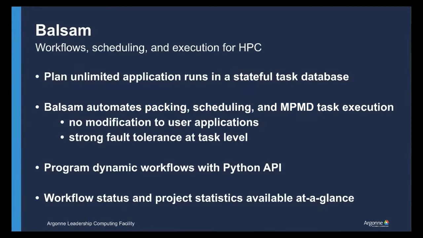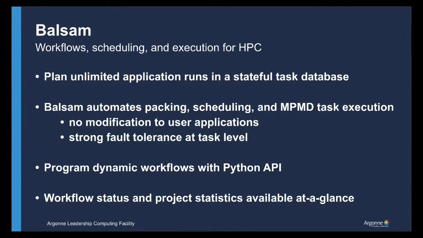Some of the highlights here are that Balsam is really emphasizing ease of use. In that sense, there's absolutely no modification required to your applications. Balsam runs them in a very loosely coupled way, which also confers a strong task-level fault tolerance, and jobs will not go down even if you have some fatal errors in one or two tasks in your workflow.